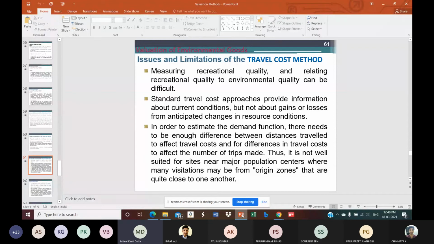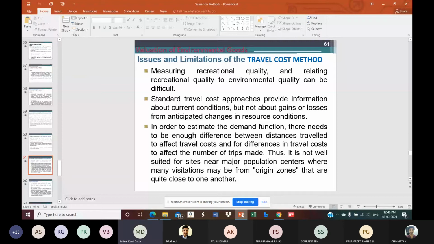So that is another thing. The fact is that we do not have a clear-cut yardstick to link environmental quality with recreational quality. When you say environmental quality, we are trying to put some values on this. Basically, recreational quality will measure in our case the value of the environment, but whether that is a proper way of doing it or not, that is a question, right?